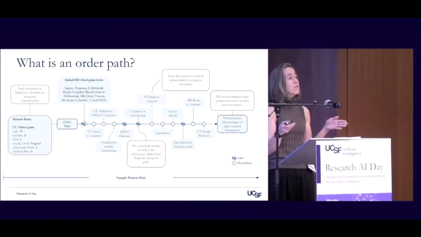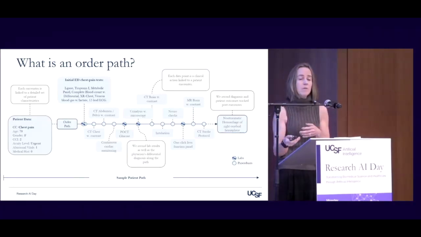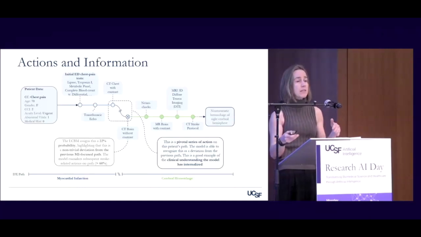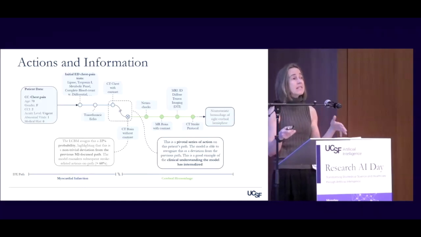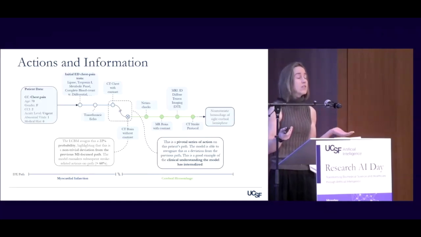And then follow the patient over time. We record the results of those tests, and then finally we record a diagnosis or an outcome. So what does the large clinical behavioral model do with this kind of information? At each time point, it's taking as input this rich clinical context, and it's giving as output the next predicted clinical action.